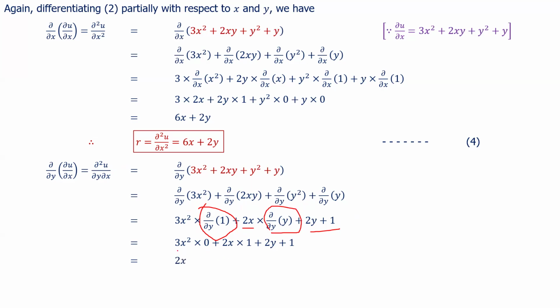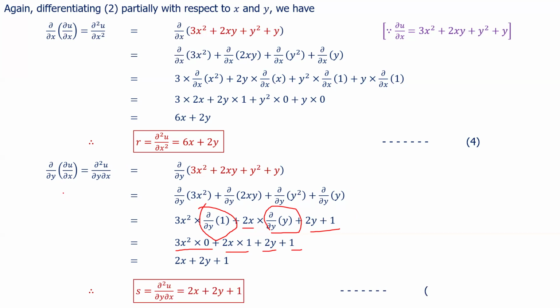If we simplify it, this becomes 0. This is 2x plus 2y plus 1. So this is the second order partial derivative of u with respect to y and x, and it gives us 2x plus 2y plus 1 in this example.